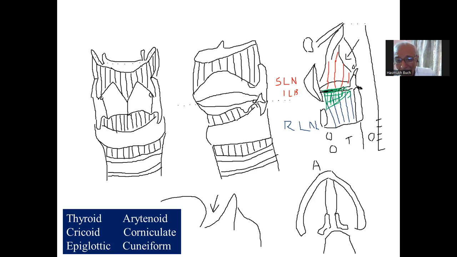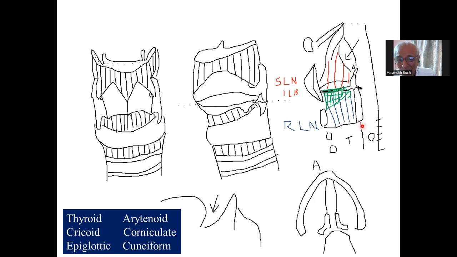And part below the vocal fold, right up to there, in the interior of the larynx, develops from the last pharyngeal arch or sixth pharyngeal arch, and is therefore supplied by the recurrent laryngeal nerve that now enters the larynx.